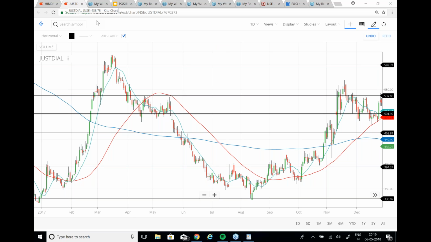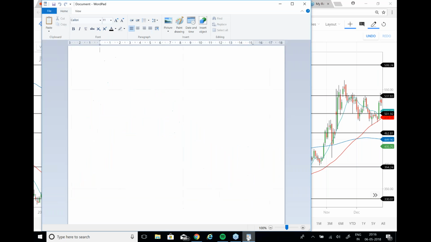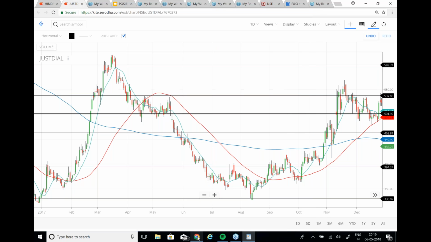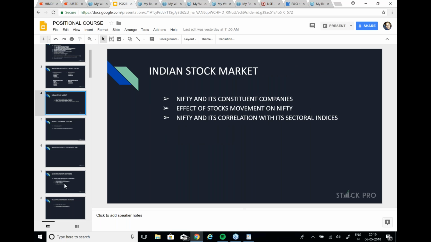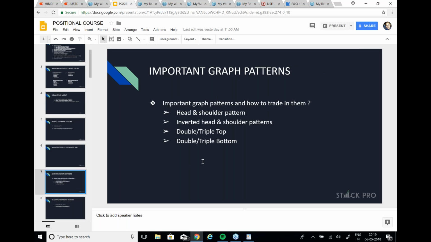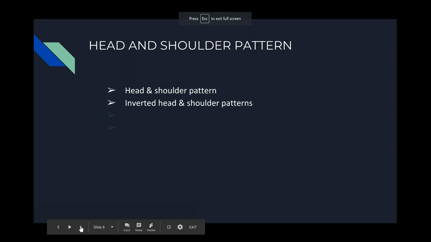Then we go on to the next slide, which talks about, sorry, where are we? Here. So next we go on to double and triple bottom, right? We have discussed head and shoulder and inverted head and shoulder.